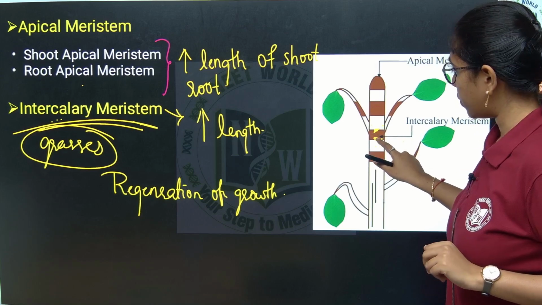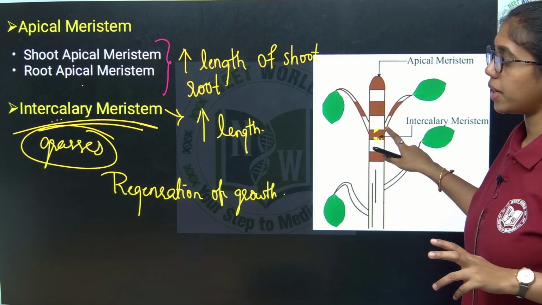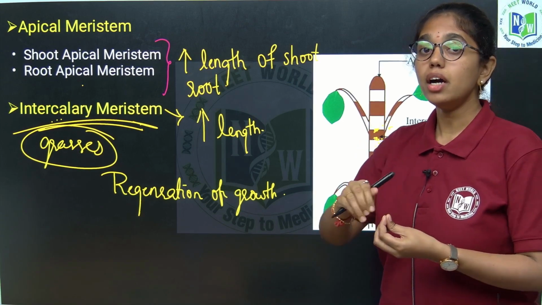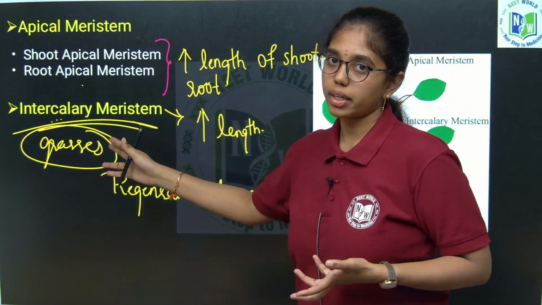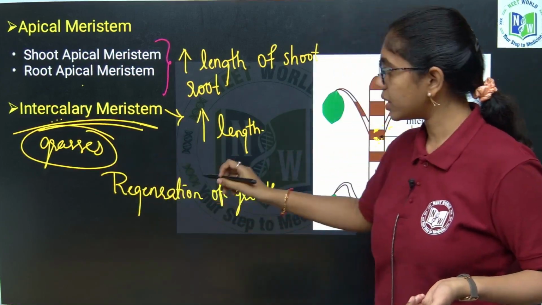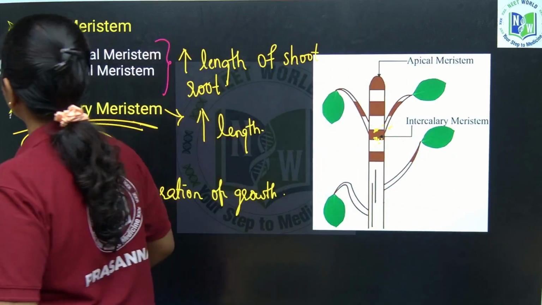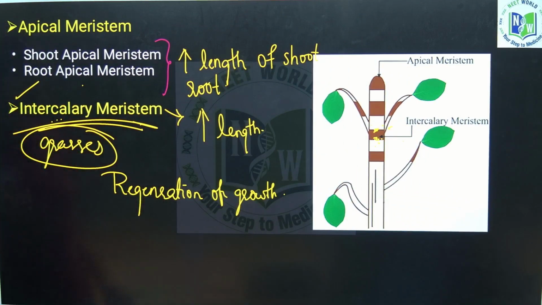These intercalary meristems will ensure the growth of the stem again, even though it is destroyed by grazing herbivores. This is the unique function of intercalary meristems.